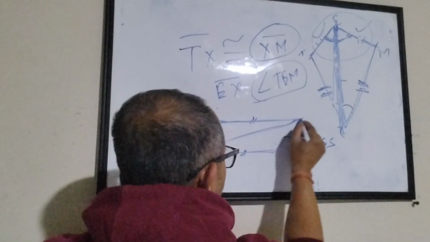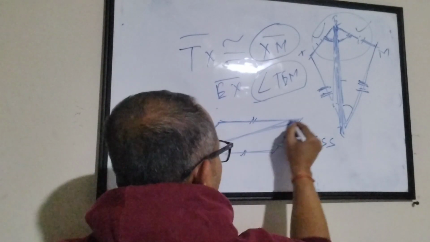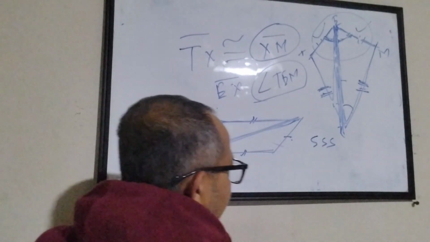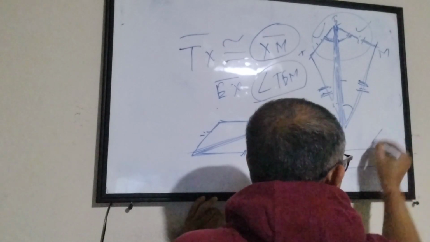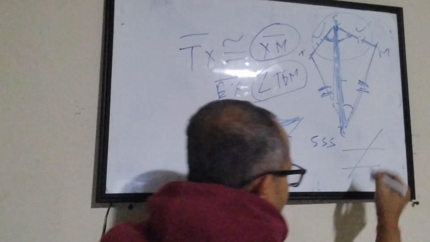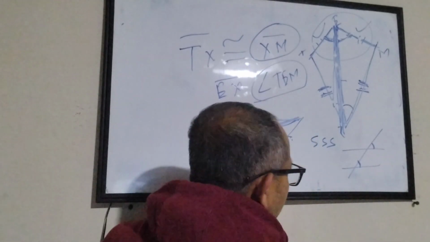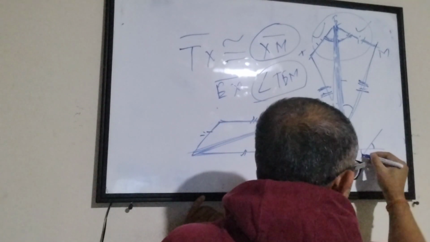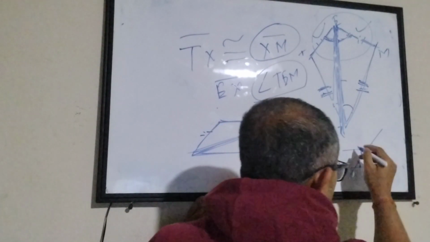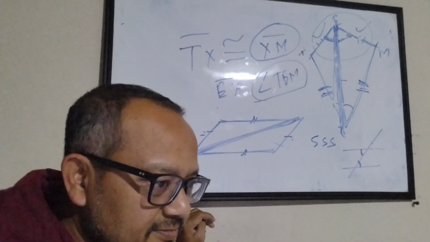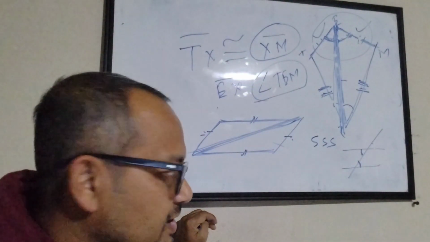These are parallel lines, and this is a line intersecting them. When we are looking at parallel lines, what did we see? The corresponding angles are same, and these two also same. Alternate interior angles.